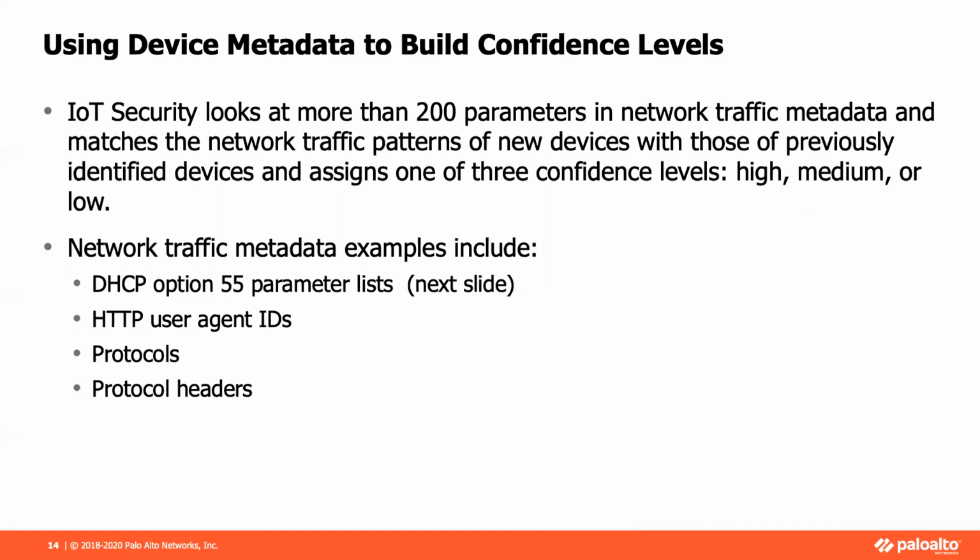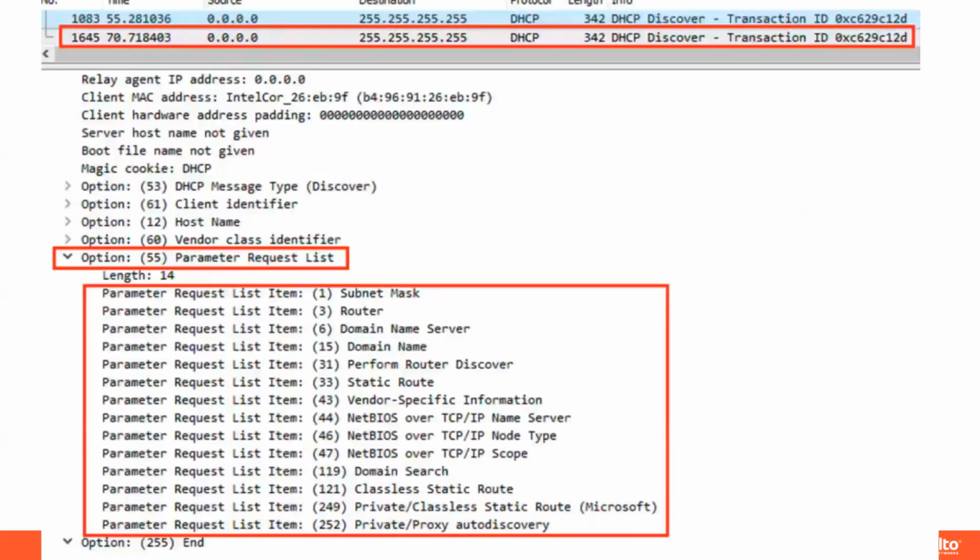In fact, I have here a picture of a DHCP request and a DHCP reply. And we're able to see those option 55 parameters that we were just talking about, and some examples of what some of those things are.